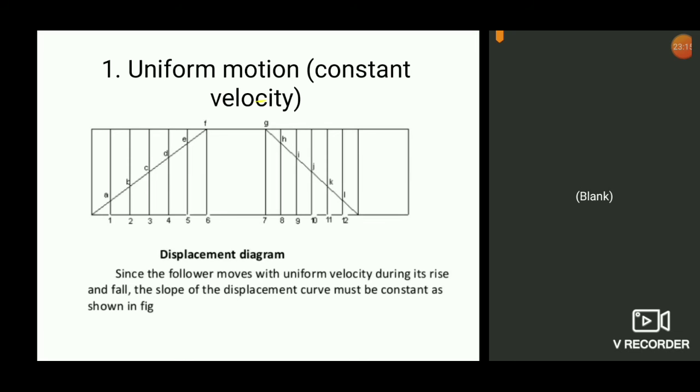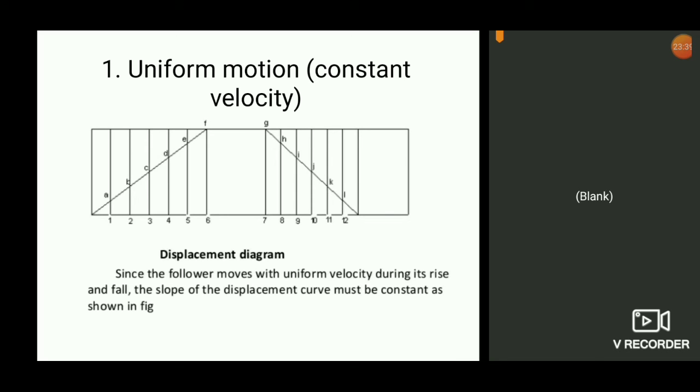it stays at the same position. It is not moving up or down; that is called the dwell period. This is the outstroke, this is the dwell period, and for the next 90 degrees, 90 plus 90 is 180, 180 plus 90 is 270, the remaining 90 degrees it comes down, that is the fall or return stroke.